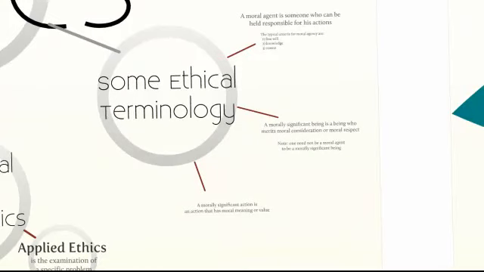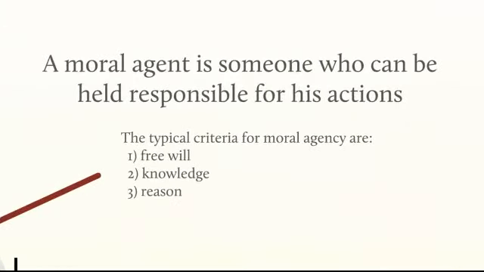Some ethical terminology. A moral agent is someone who can be held responsible for his actions. In other words, the person has free will, they have the knowledge that is necessary, and they are able to reason. So all of you meet the standard. You each have free will to choose one conclusion or another, to formulate arguments pro and con against different things.